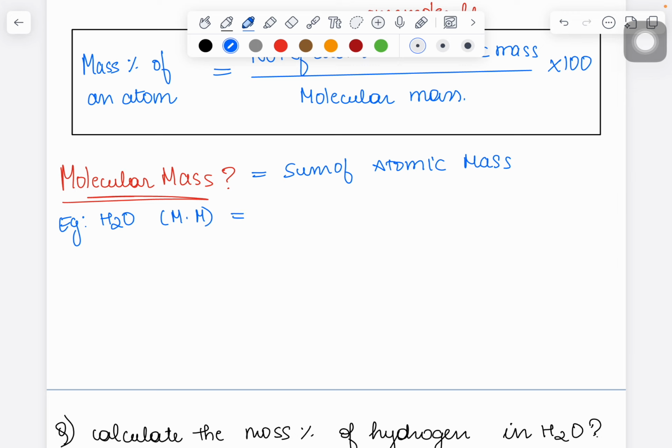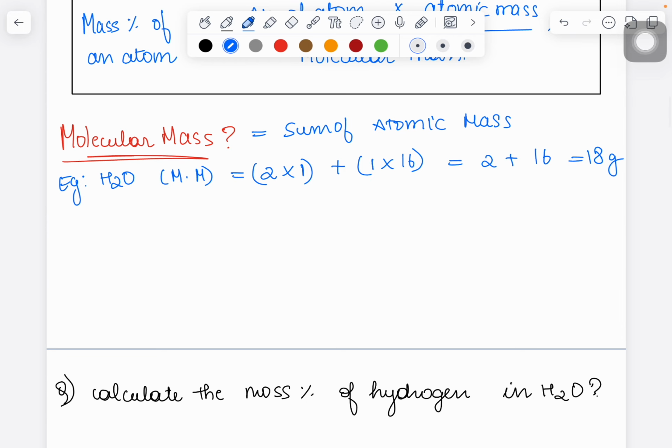We have 2 hydrogen into the atomic mass of hydrogen, which is 1, plus 1 oxygen with atomic mass 16. That is 2 plus 16, which is 18. The molecular mass of H2O is 18 grams.